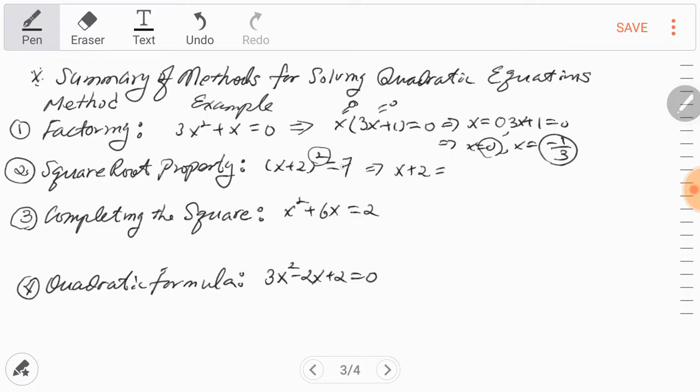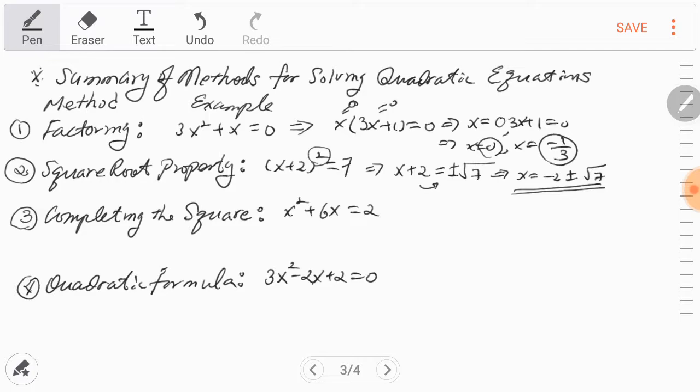Instead of removing the exponent 2 from the left side, we can put plus or minus square root on the right side. Then finally x is equal to what? Move 2 to the other side, then negative 2 plus or minus square root of 7. So there are 2 solutions, negative 2 plus or minus square root of 7.